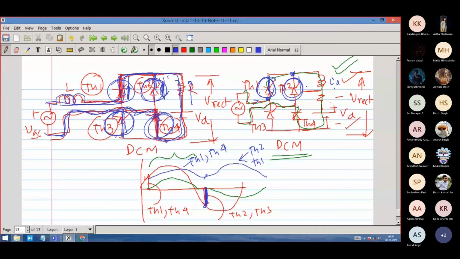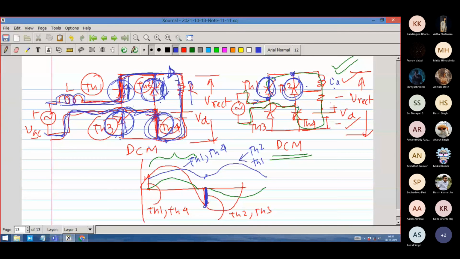Okay, so when these 4 things are on, the current in TH1, which was earlier conducting, will reduce and the current in TH2 will increase. TH1 current will reduce and TH2 current will increase. Similarly, TH4 current will reduce, TH3 current will increase. And these 2 sum together will constitute this current, right?